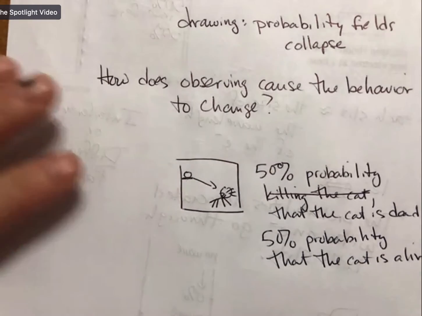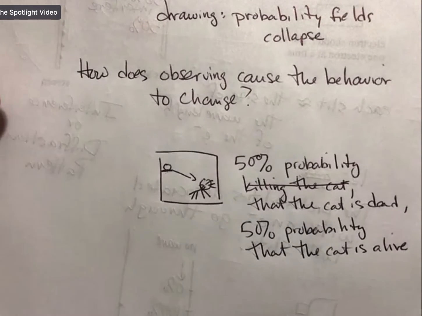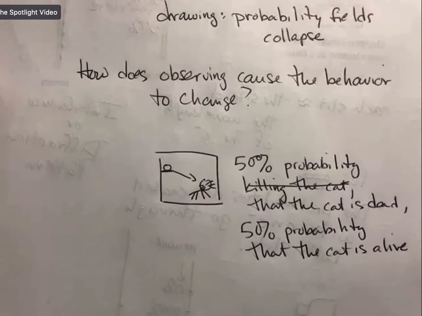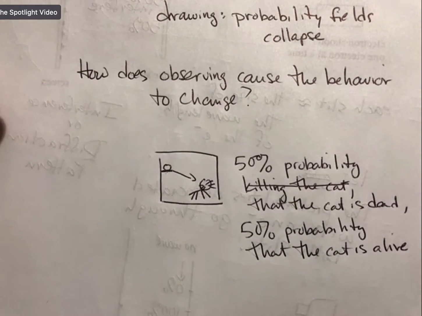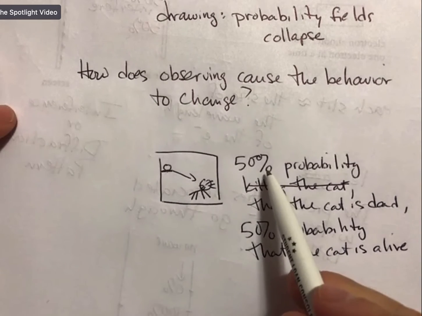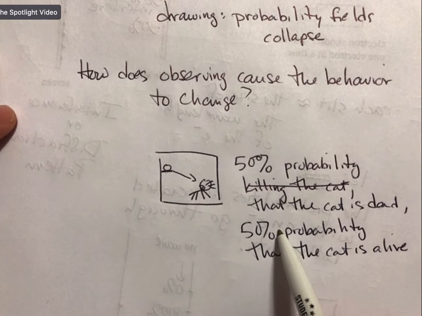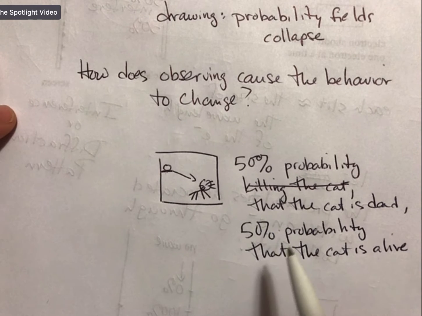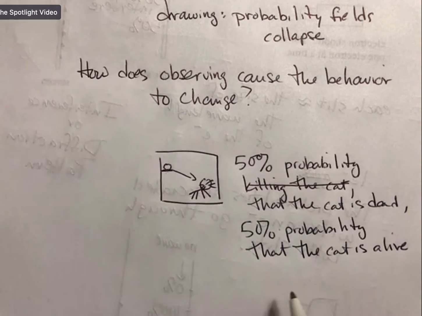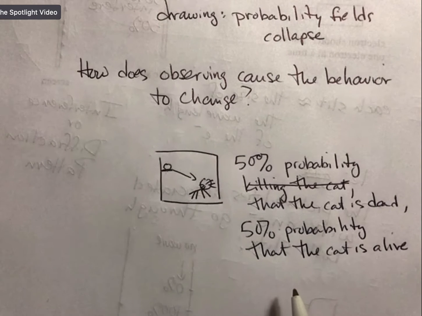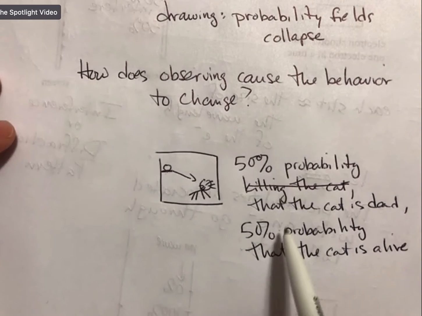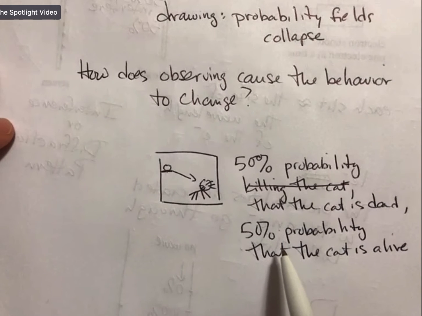It's not a perfect thought experiment, but what quantum mechanics would say is that until you observe, the cat exists as two equal probabilities, and therefore we don't know what the answer is. So these two probabilities overlap until we observe.